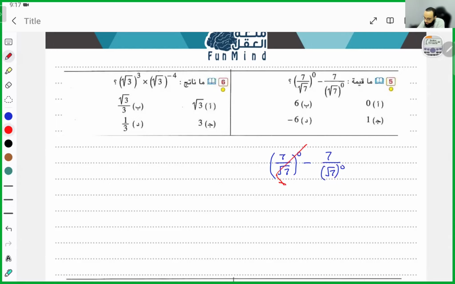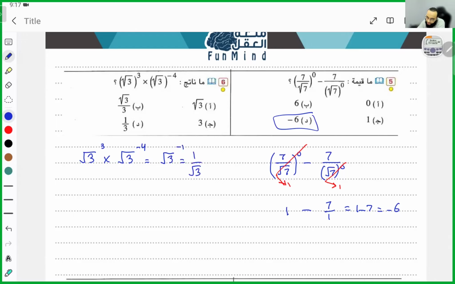This part is 1 and this part is 1. So it's 1 minus 7 over 1, so it's 1 minus 7, so it's negative 6. Root 3 power of 3 times root 3 power of negative 4, so it's root 3 power of 3 plus negative 4, which is 3 minus 4, which is negative 1, which is 1 over root 3.